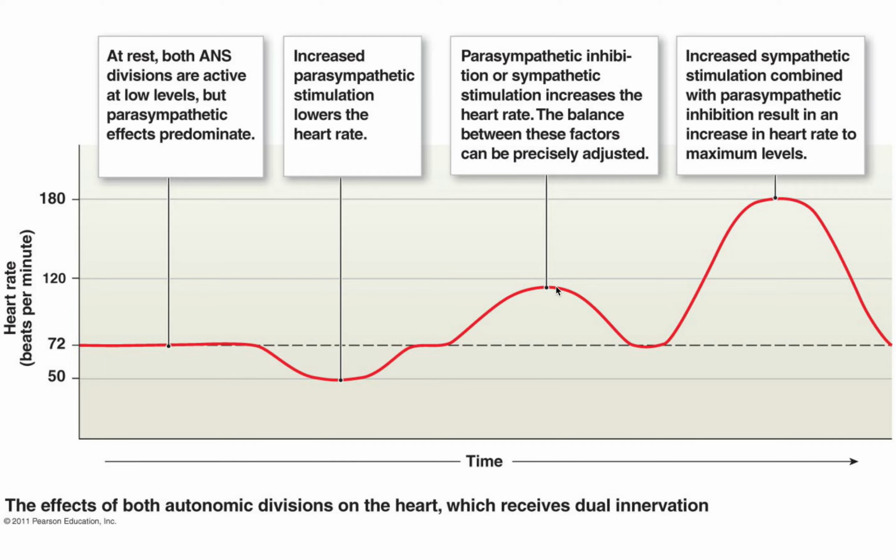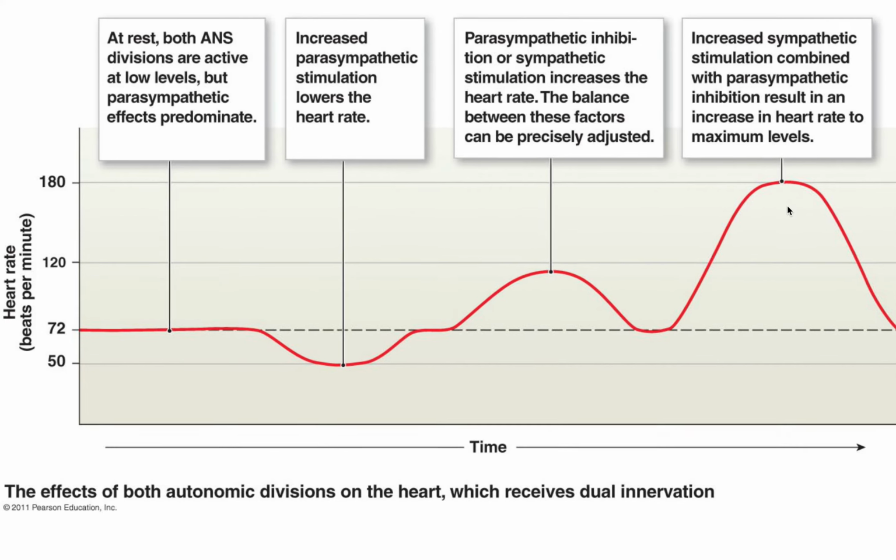Parasympathetic inhibition or sympathetic stimulation would increase the heart rate. And increased sympathetic stimulation combined with parasympathetic inhibition will raise the heart rate really high. So, for example, if you were exercising, it might get this high. And there's a balance in between the two, depending on what your body needs at that time.